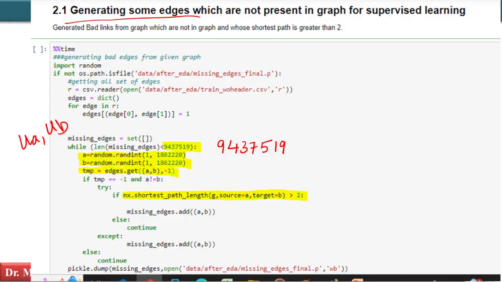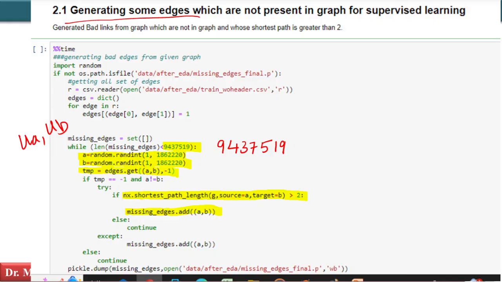If it is, I will add it to a list called missing edges. My missing edges are basically zero labeled pairs of vertices. And how many are we generating? I am generating 9.43 million pairs of vertices.